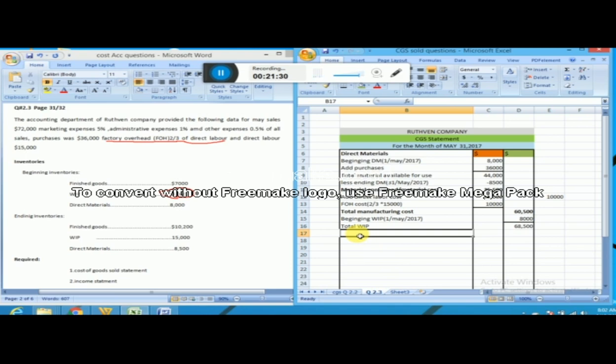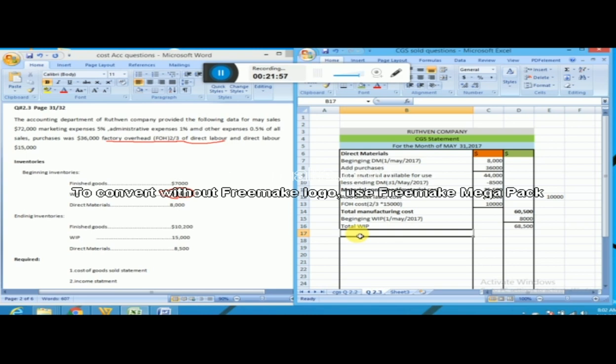The record now shows that we have 68,500 work in process. But today is the end of May. So now, the ending work in process we will subtract from the total work in process.